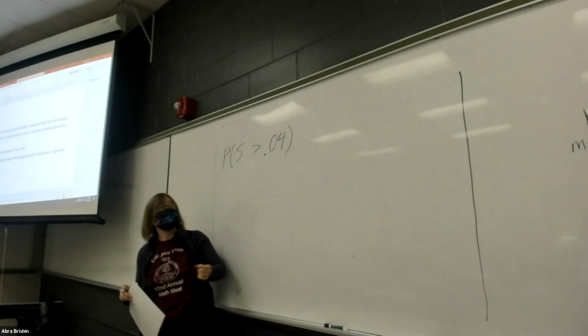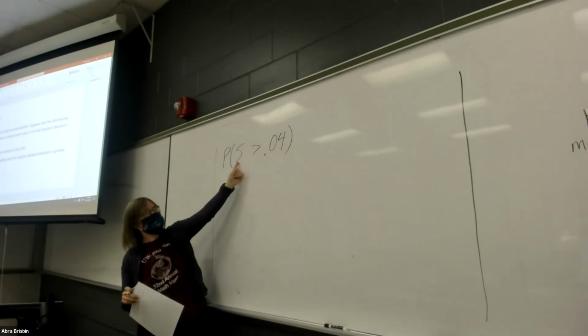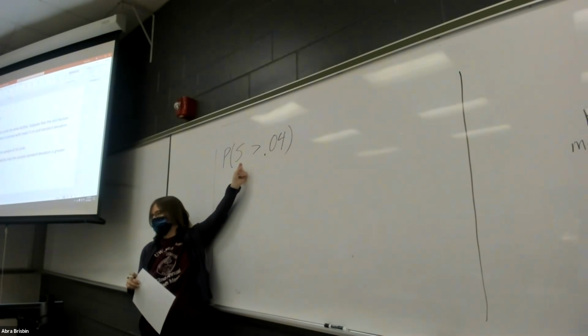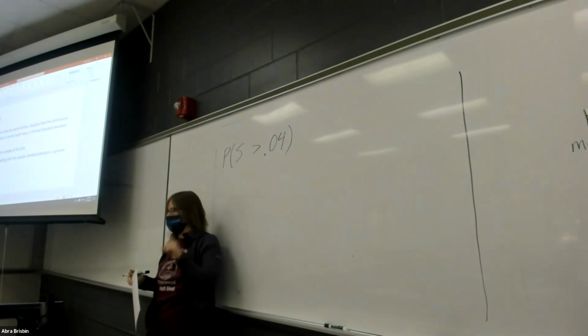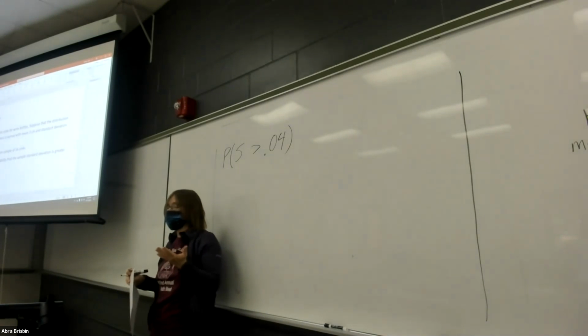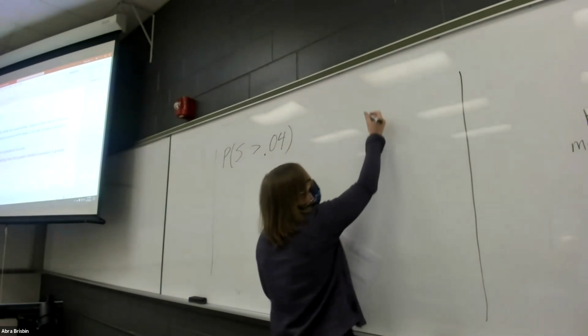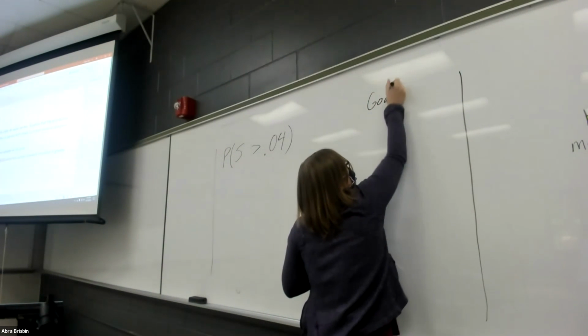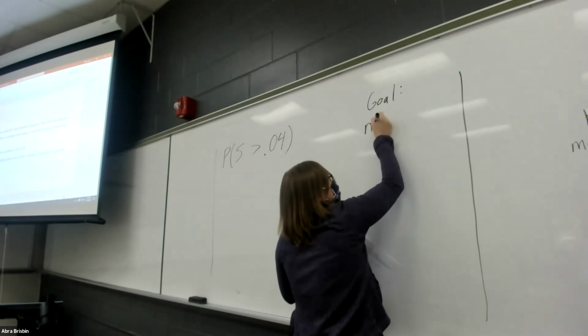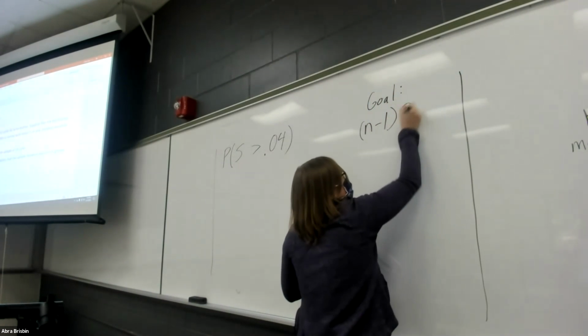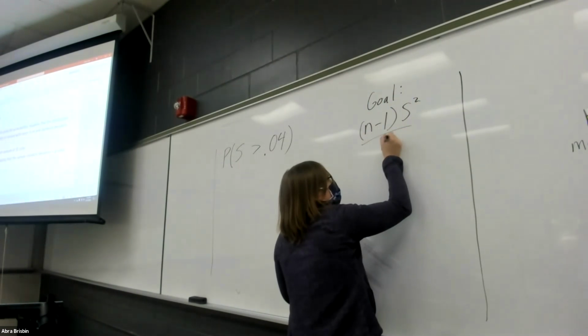And in this case, because our probability question is about the standard deviation of one sample, a good goal is to get it to look like n-1 times s squared over sigma squared.